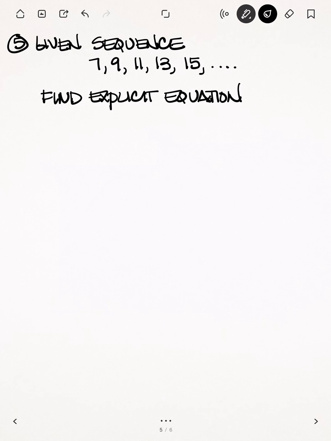So to do that, again, explicit means in the form y equals mx plus b. So I need to find m and b. Well, I look at my sequence, and it looks like I'm adding 2 here, I'm adding 2 here, I'm adding 2 here. So my slope is 2.